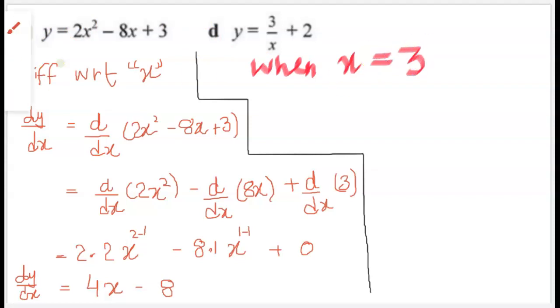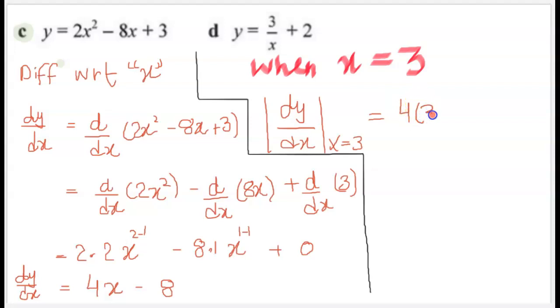You go back to this equation, dy over dx, and usually the way we write it is with 2 lines, and we write down x equals 3. This is 4x minus 8, so wherever there is an x, you put 3: 4 times 3 minus 8.